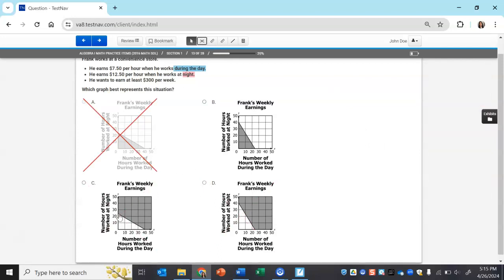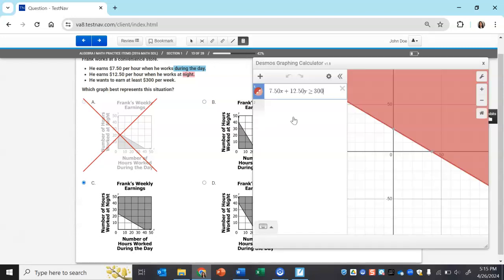This one, 40, and then this looks like the right answer, but I want to check. Yeah, nope, the 40's on the X. Yep, this looks like it. Okay? And this is the equation that I used. If this problem didn't make sense, please go ahead and rewind and watch this part again, okay? All right, please.